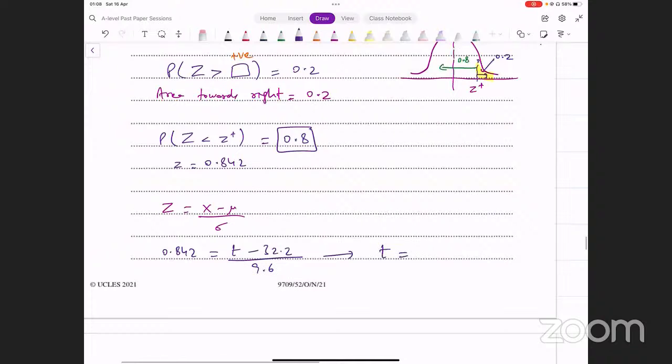You have to evaluate कर लें. What does that turn out to be? 9.6 into 0.842 plus 32.2. That is 40.28.